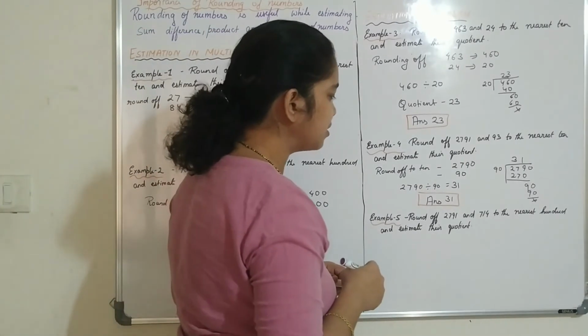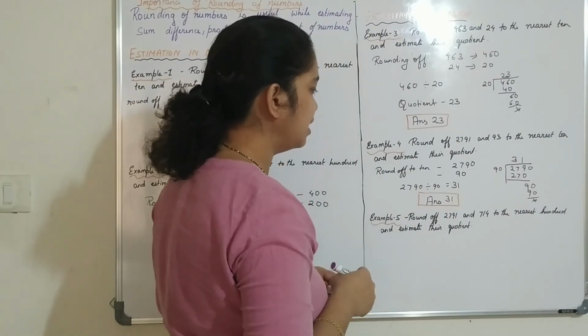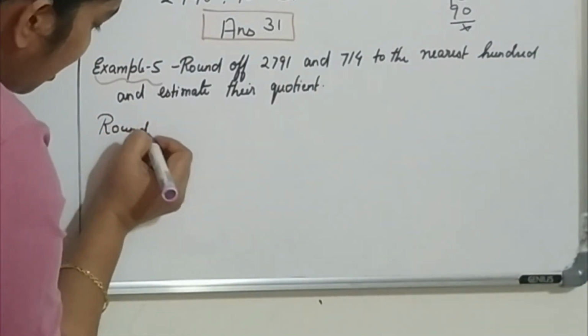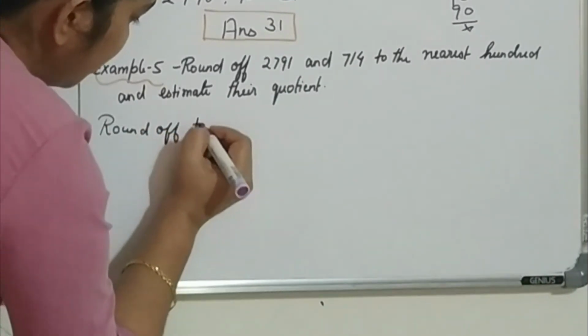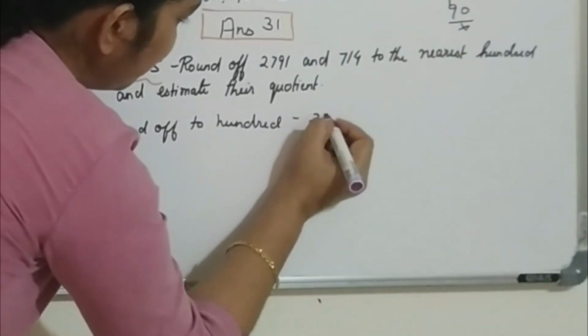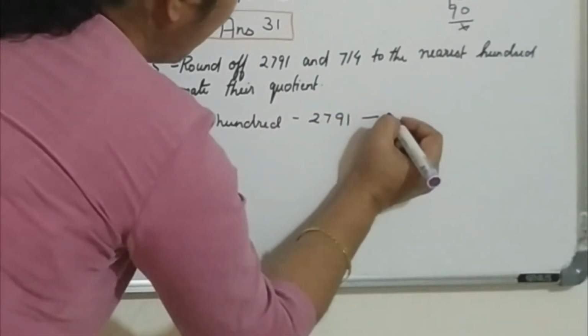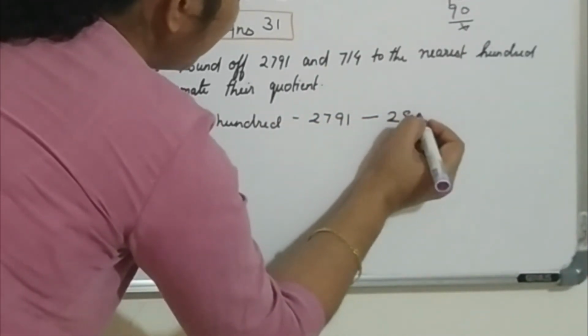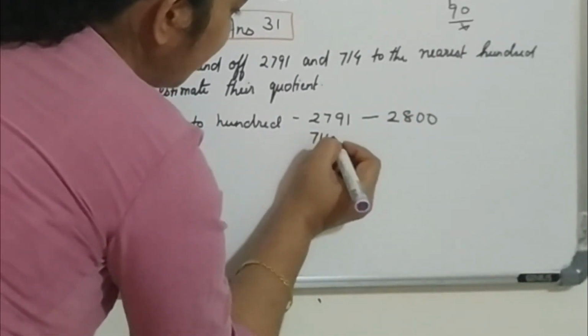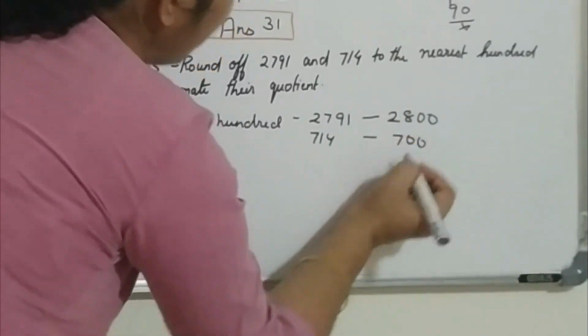Now round off 2791 and 714 to the nearest 100. We have to round off to the 100 place. So 2791 will be rounded off to 2800, and 714 will be rounded off to 700.